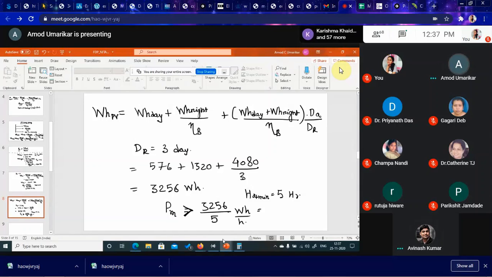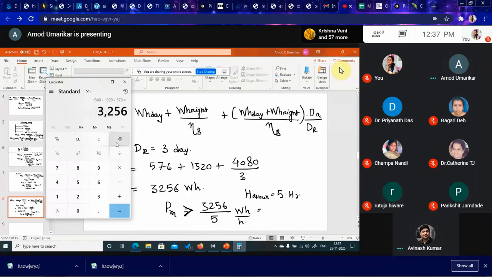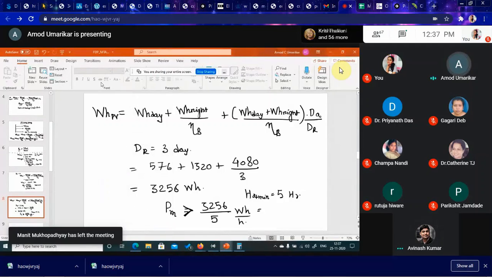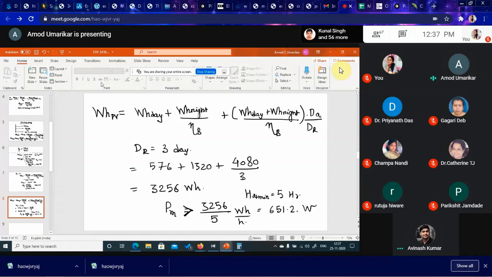So this will be 651.2 minimum watt. It should be higher than this, to take care of all other things, as we have not considered many efficiencies yet. This is a very crude design I have done, just to give an idea of how it should be, but these are the main factors we have to consider.